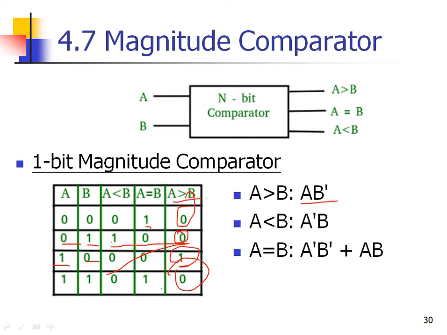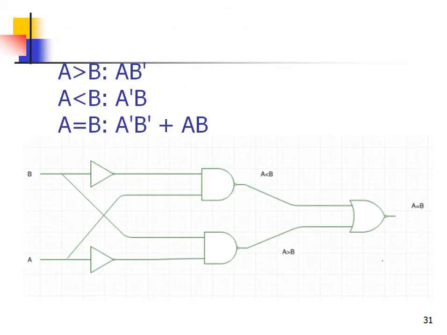And for A less than B, it is A bar B, as given here. And for A equal to B, for two cases we are getting output 1. One is A bar B bar, another one is AB. For these two cases we are getting A equal to B, and hence this is the exclusive NOR equation. That is what we are framing in the logic diagram.